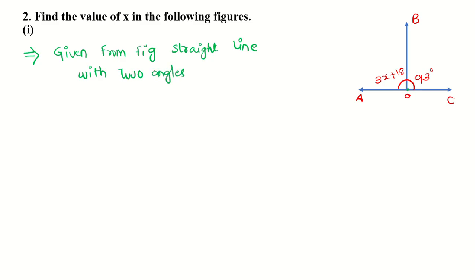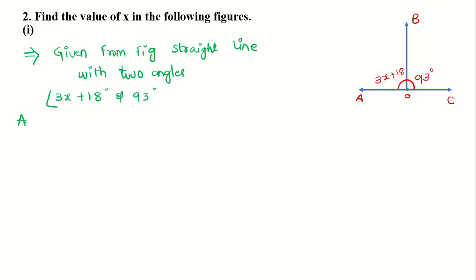So, you can see that a ray which is OB divides the straight line into 2 angles. Okay, now write down what are the given angles. It is 3x plus 18 degrees and 93 degrees.